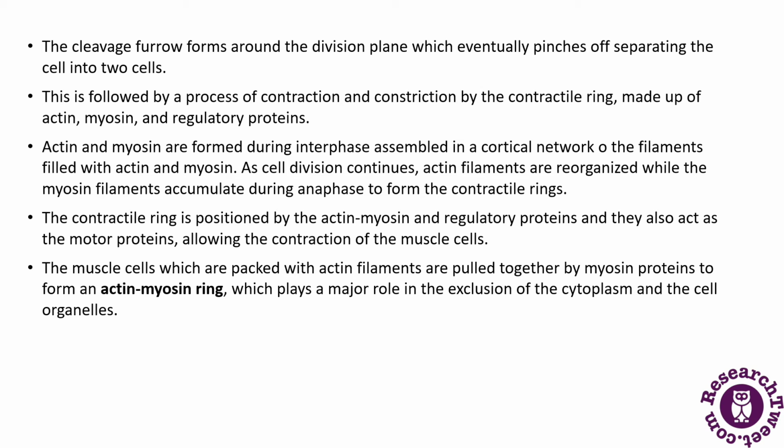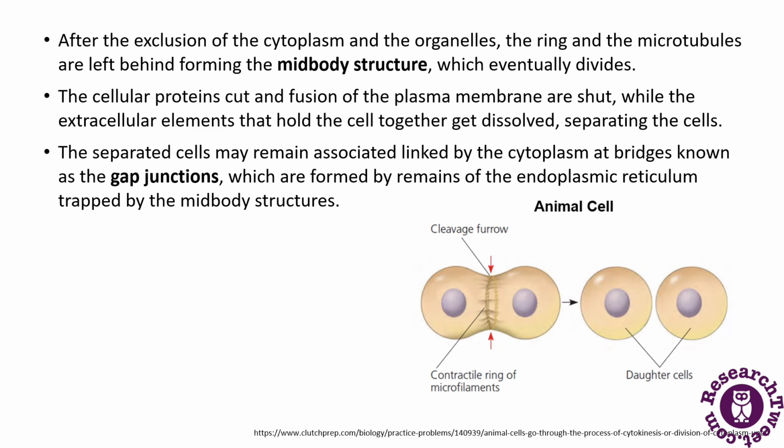So both functions of the proteins are depicted here: it is packed by the actin filaments and pulled by the myosin protein, and they form an actin-myosin ring which plays a major role in the exclusion of the cytoplasm and the cell organelles.